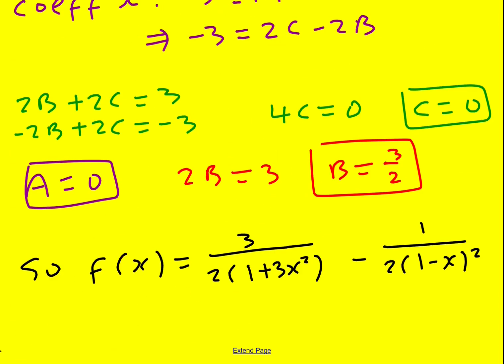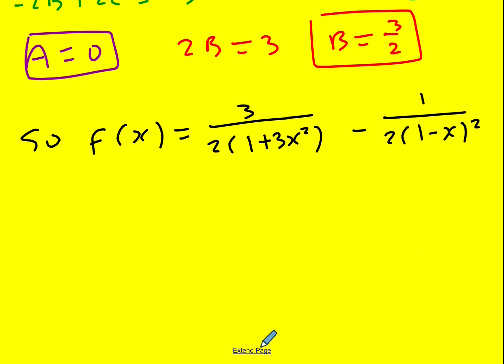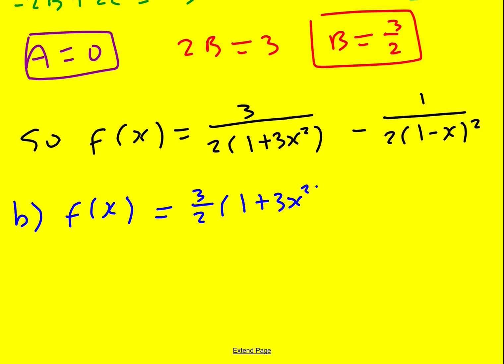And what we can do is take our f of x that we've just found, and then we're just going to have to be subtracting the 2. So f of x is going to be 3 over 2, 1 plus 3x squared to the minus 1, minus a half, 1 minus x to the minus 2.